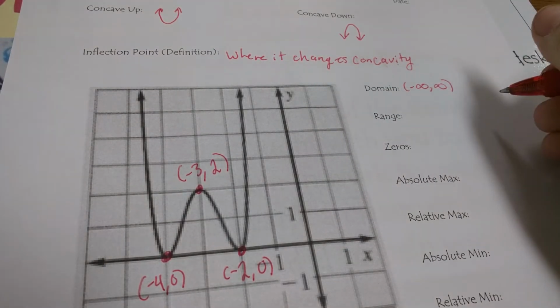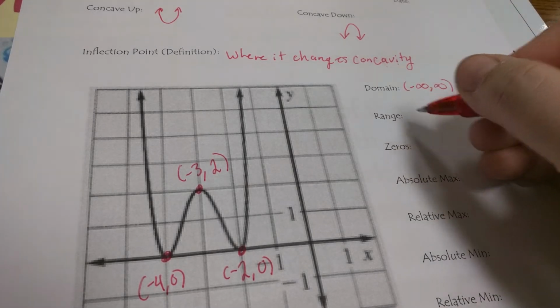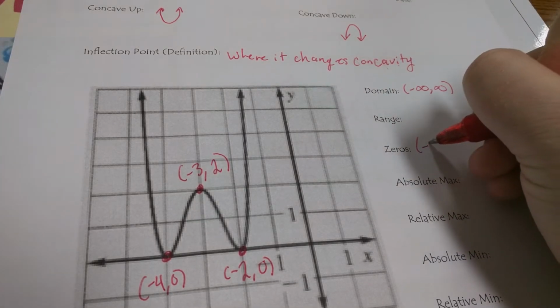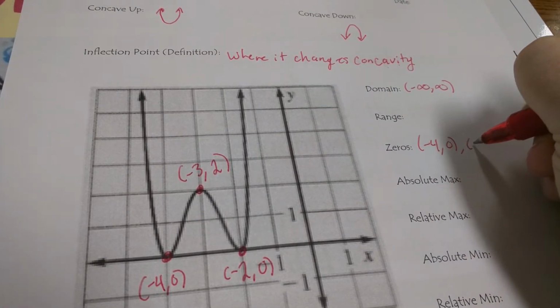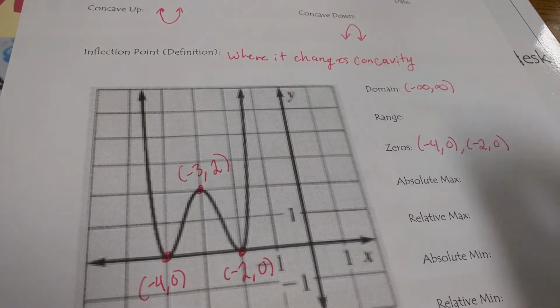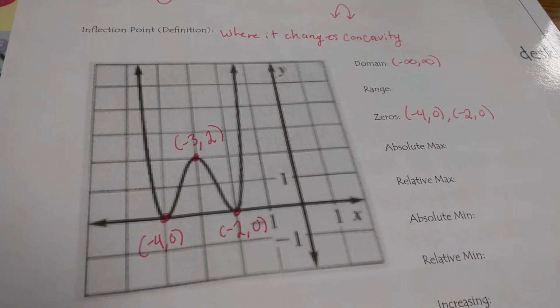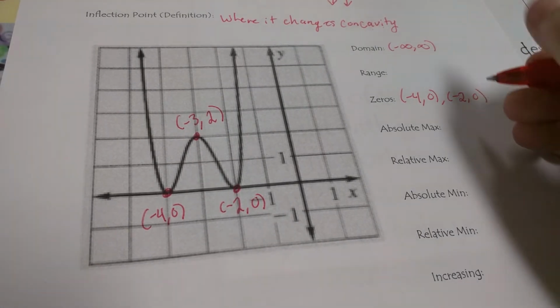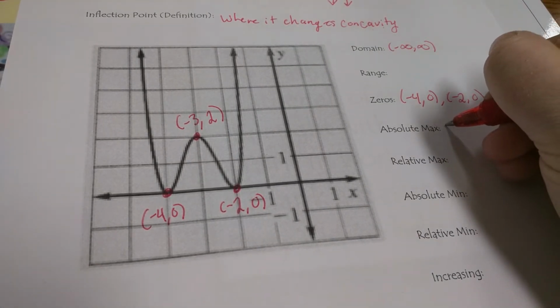Our range, I'm going to come back to that to just remind you how we do these things. Zeros, we have 2 of them. We could potentially have 4 with this graph, since it's an x to the 4th, but they hit at the double spots. Absolute max, there is none.